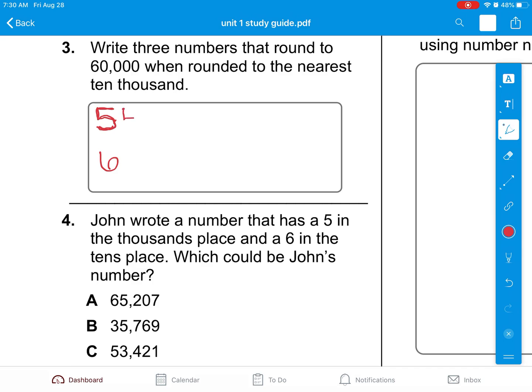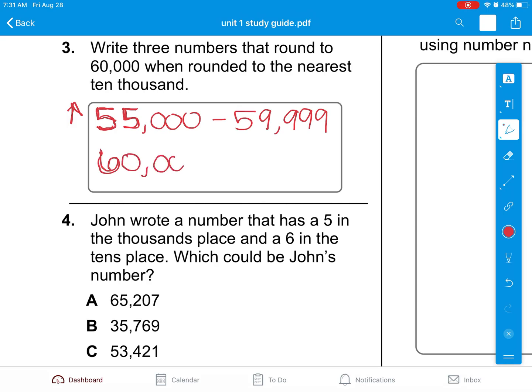So that could have been any number between 55,000 all the way up to 59,999, because all of those numbers would make it round up. Okay? So then if you're going to start your number with a 6, it's got to be a number that doesn't round up, because we want it to round to 60,000.